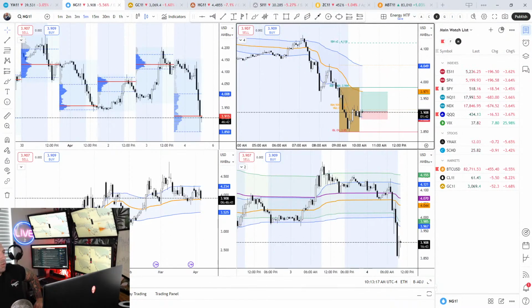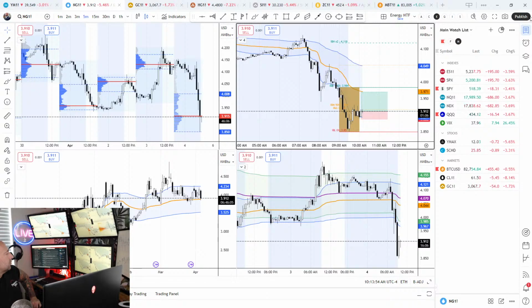See what we get in natural gas. Indexes are obviously very weak.